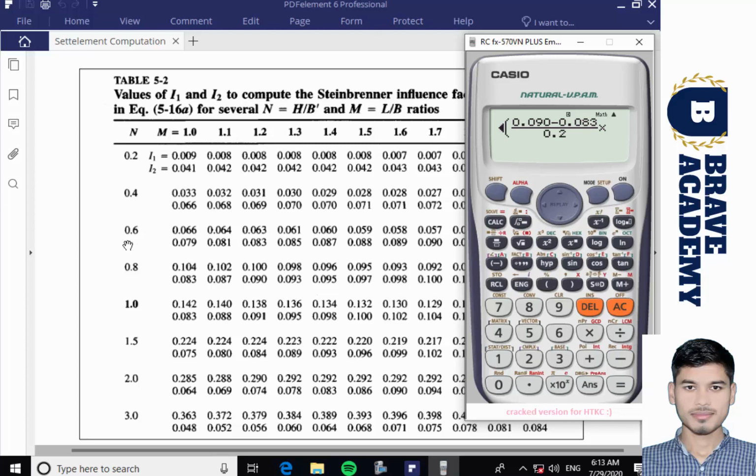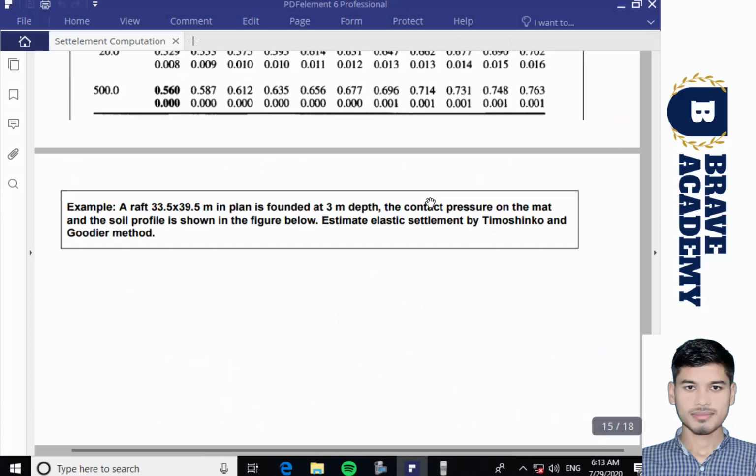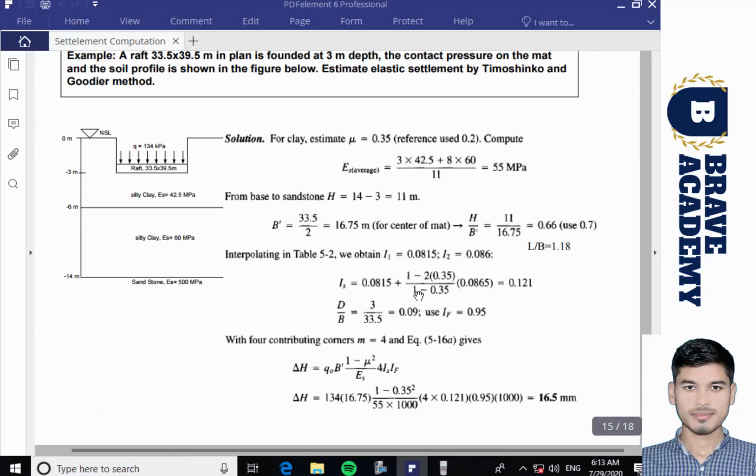As 0.6 and 0.7, the gap is 0.1. Just press equal, it will give you the value 0.0865. The value of I2 is 0.0865 and the value of I1 is 0.0815. You can see here he has also used these values that we have interpolated, 0.0815 and I2 0.086.